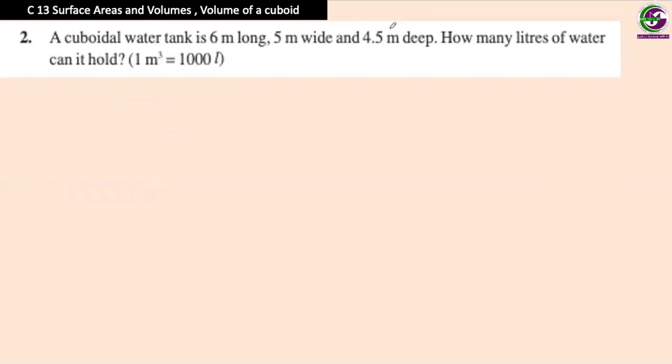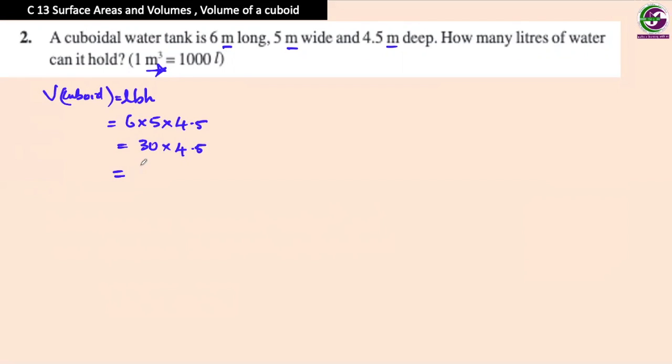Question 2. A cuboidal tank is 6 meter long, 5 meter wide, and 4.5 meter deep. Make sure all the units are the same. How many liters of water can it hold? See, this is very important, the conversion. So first of all, we will find the volume of the cuboid again, which is LBH, which is equal to 6 times 5 times 4.5, 30 times 4.5, which is 135 meter cube.